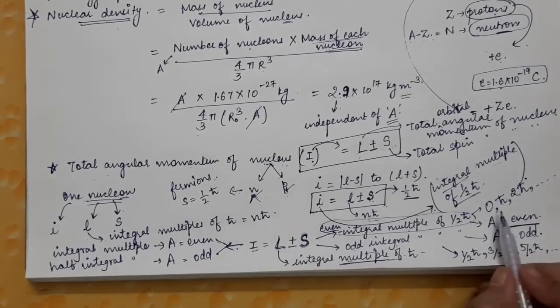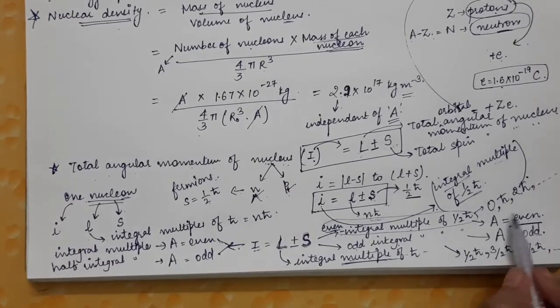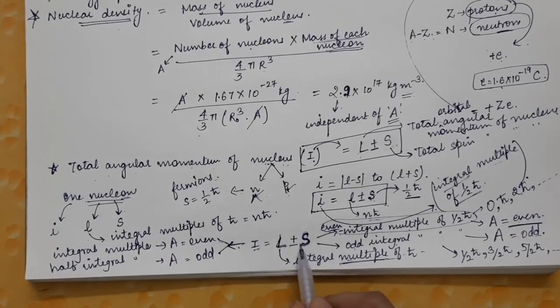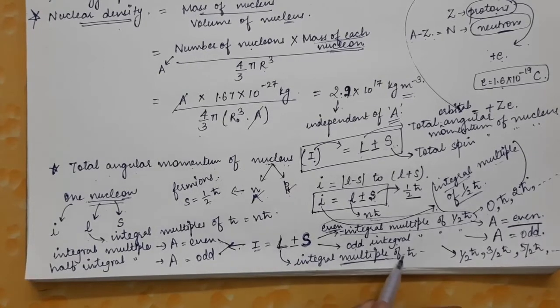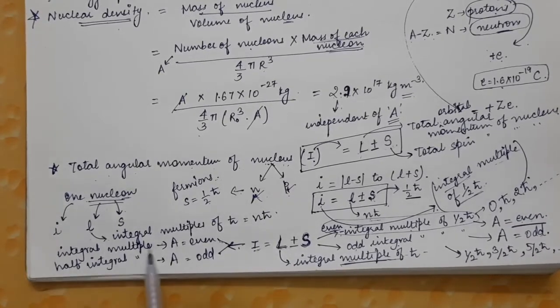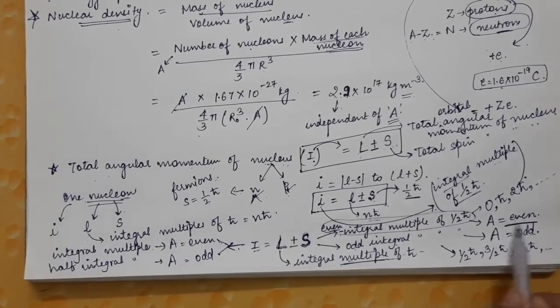So capital S takes integral values for even. If capital S is integral and capital L is an integral multiple of h cut, then capital I will take values which are just integral multiples of h cut, and that happens when capital A is even.